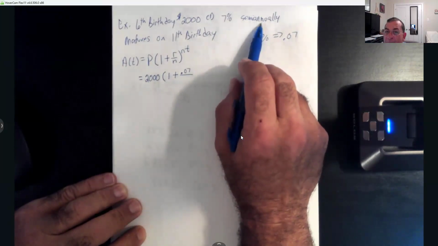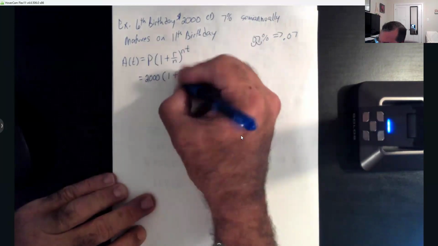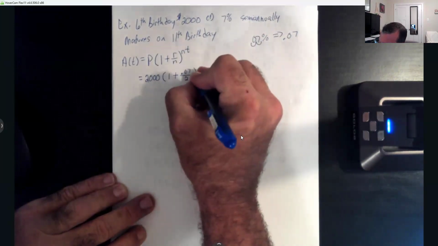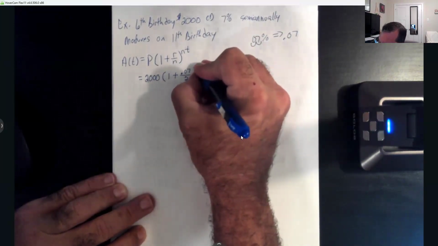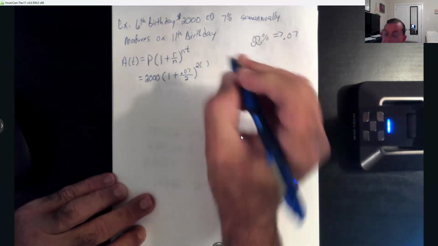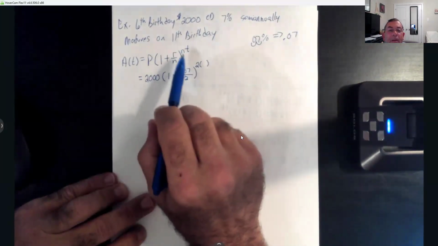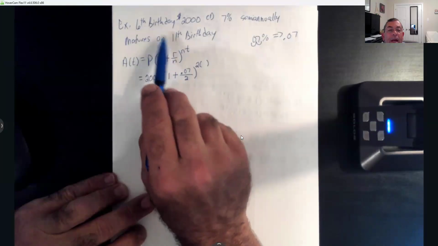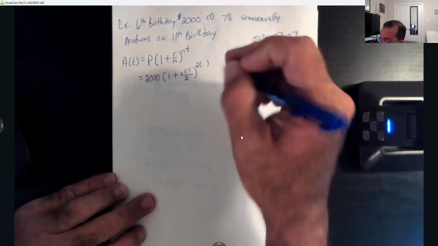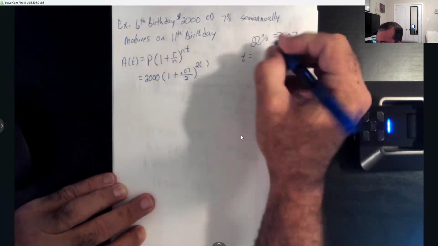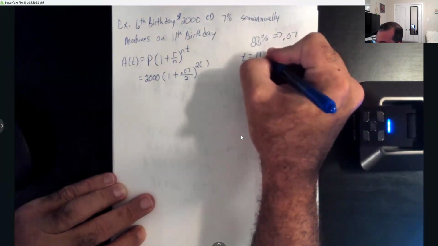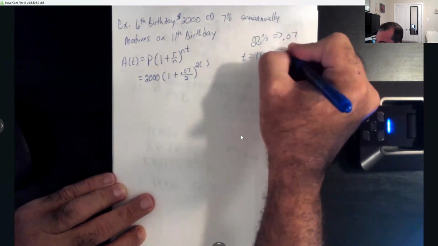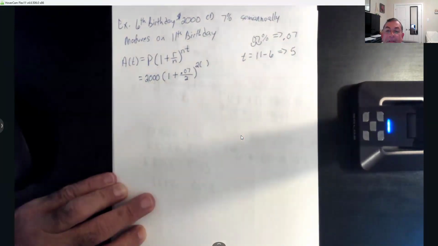Semi-annually for compounding. Well, semi-annually would be 2 times a year. And then up here, we would have 2 times our T. So now we got to figure out how much time passed between her 6th birthday and her 11th birthday. Well, y'all, T would equal 11 minus the 6, which would be 5 years.